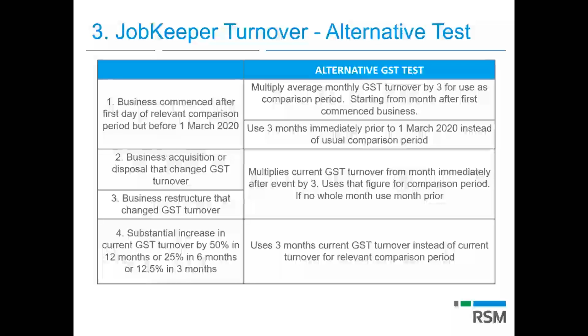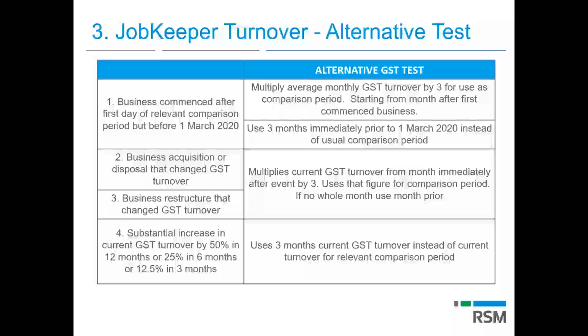The second test, which can be used to calculate comparison turnover for a business commenced after the comparison period, but before 1 March, is simply to calculate the GST turnover for the 3 months immediately before 1 March 2020. For some entities, that will of course encompass the Christmas trading period and therefore may produce a good outcome, whereas for some businesses that were affected by the bushfires, this period may have had unusually low turnover.